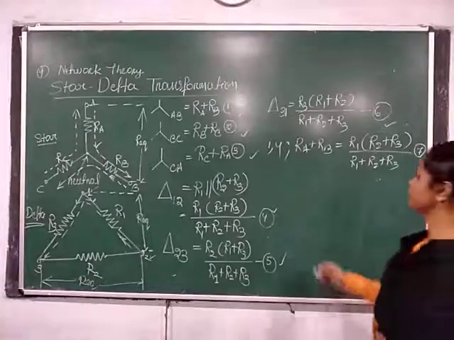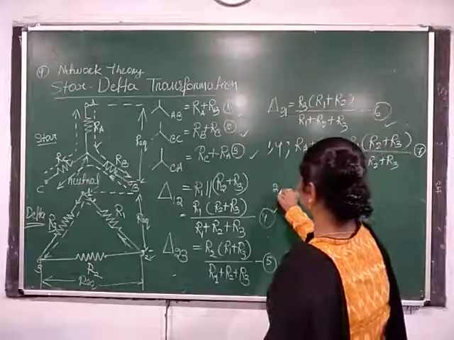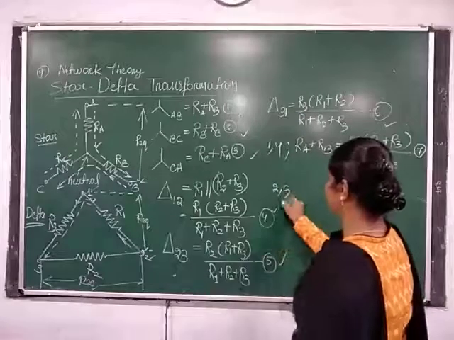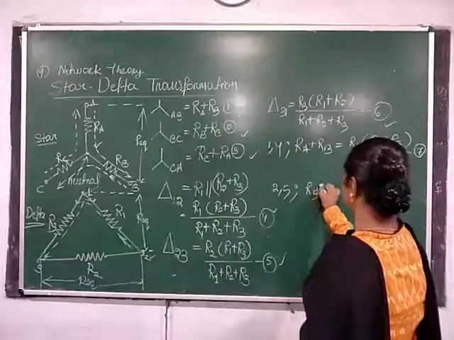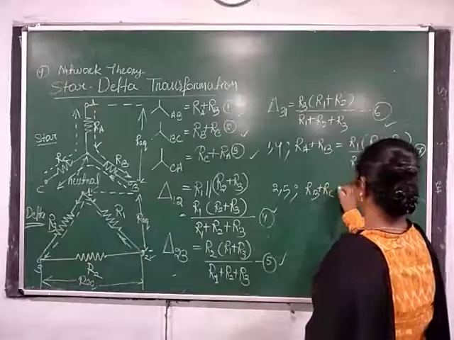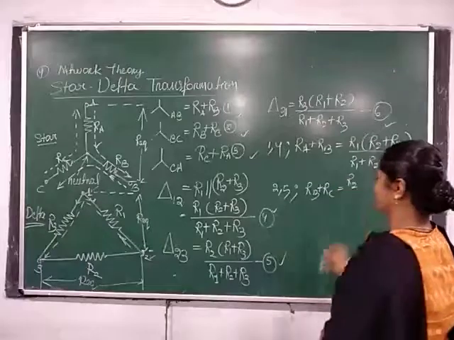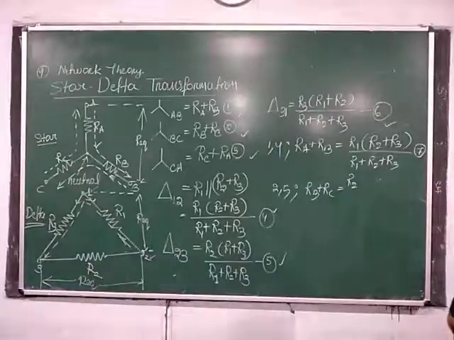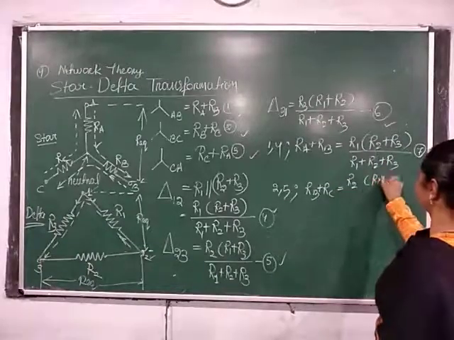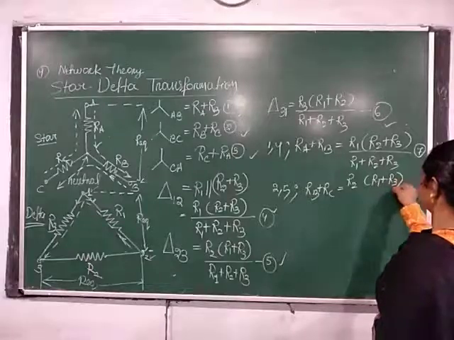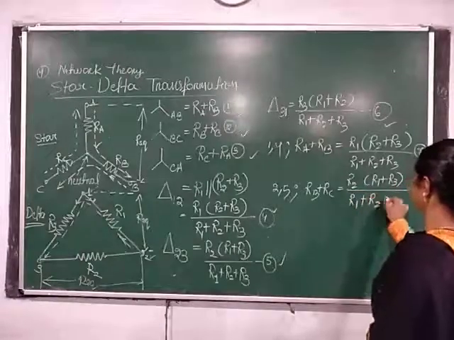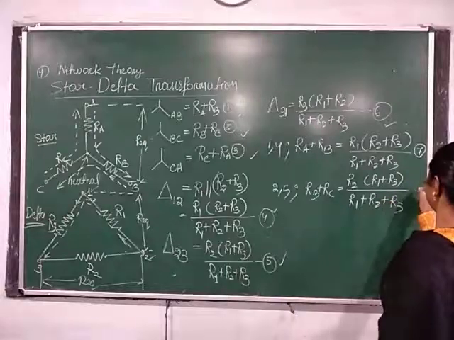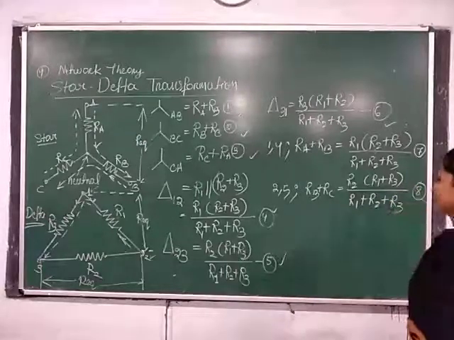Then equate equation 2 with equation 5. I get RB plus RC is equal to this. Take it as equation 8.